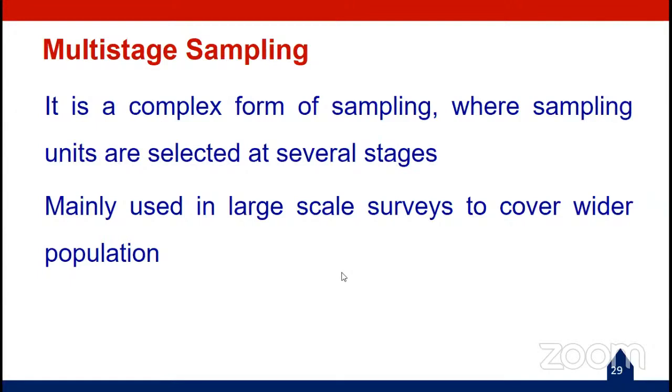If it is a state level survey or a national level survey, multi-stage sampling is used, where the sampling units are selected at several stages. If the sampling is done in more than two stages, it is referred to as multi-stage sampling.